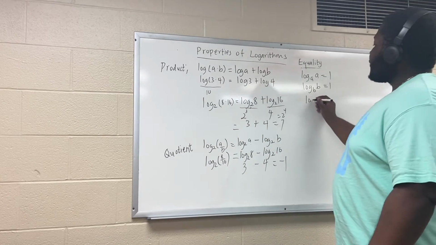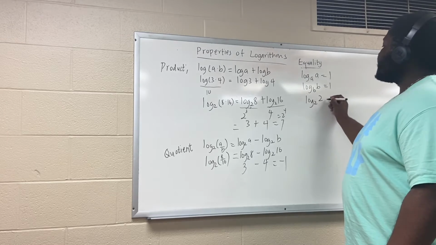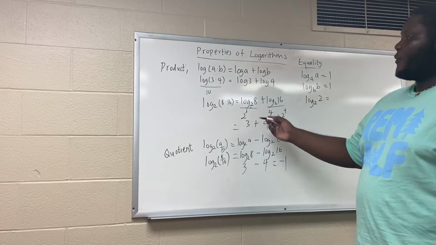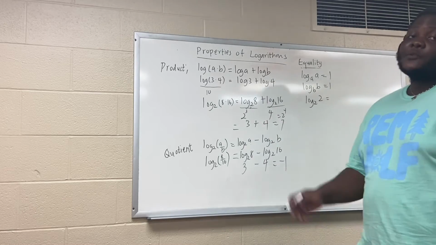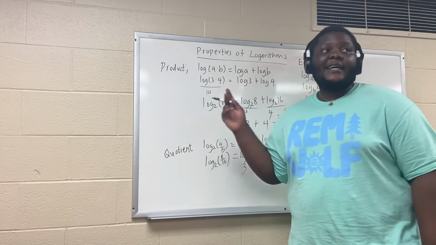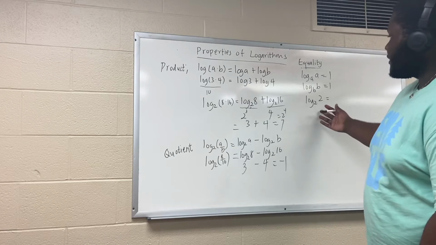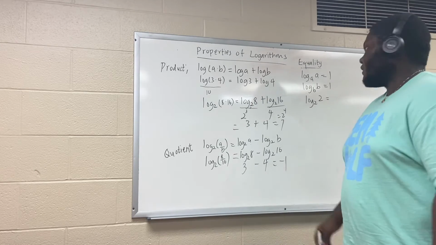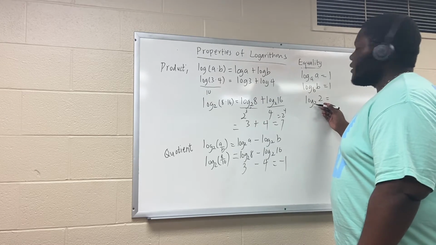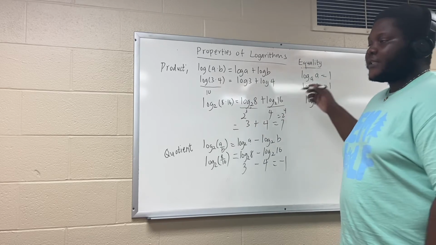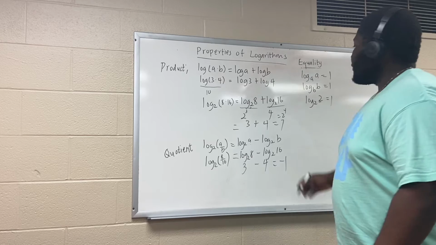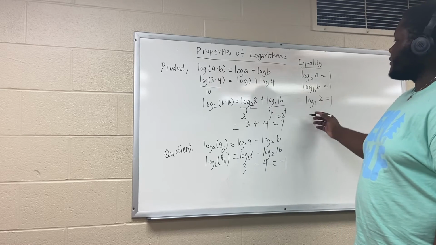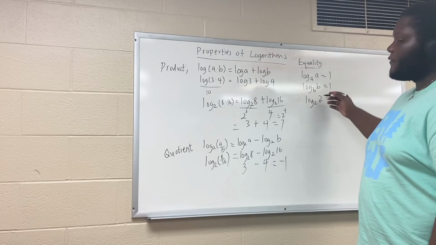If we have log base 2 of 2, what we did before was that when we had 8, we asked ourselves, what number do we have to raise 2 to in order to get 8, which was 3. With this one, we ask ourselves the same thing: what do we have to raise 2 to the power of in order to get the value of 2? It's just 1. You can think of this as canceling out. The 2 and the 2 will cancel out, giving you 1.